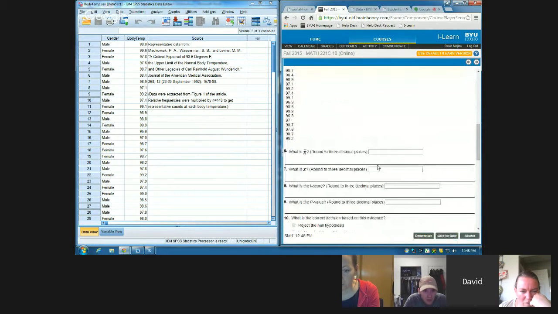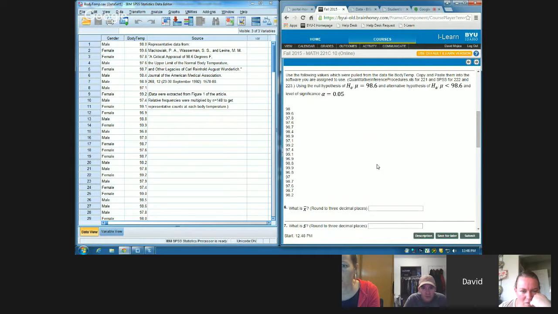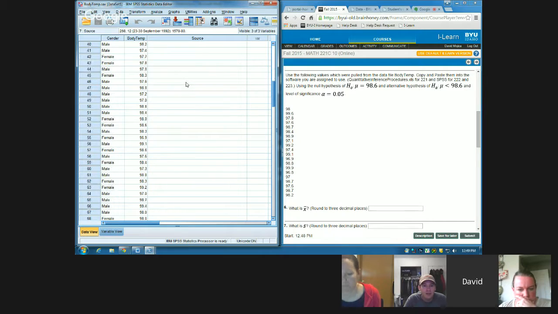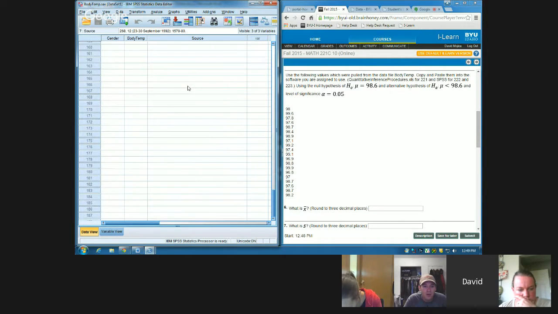Using the following values, which are filed under body temperature, copy and paste into the software. The null hypothesis is the mean equals 98.6, the alternative is the mean is less than 98.6, and the level of significance is 0.05. What is x bar?